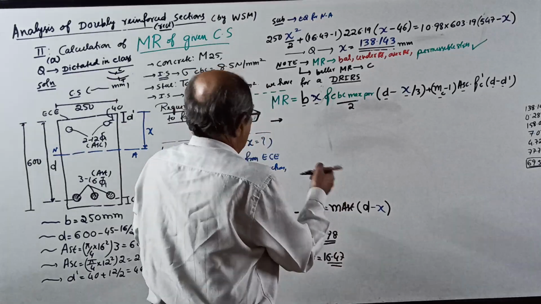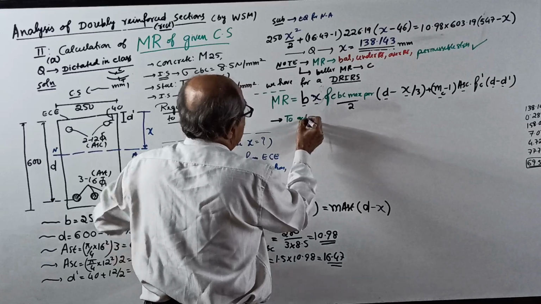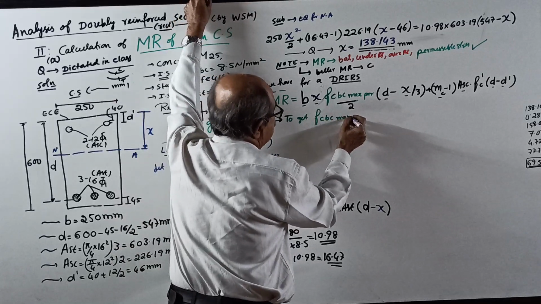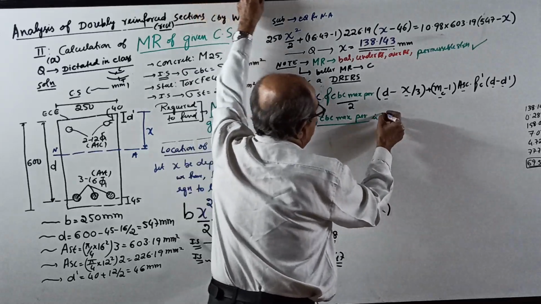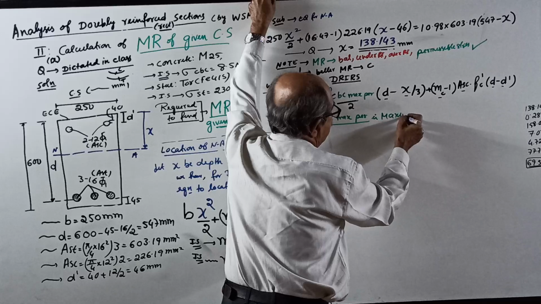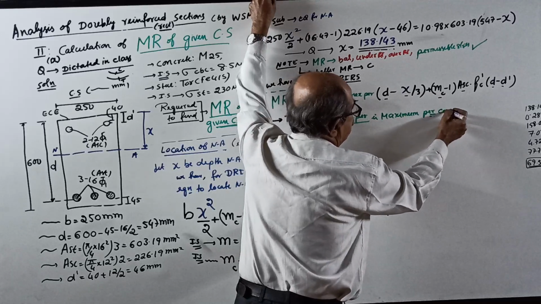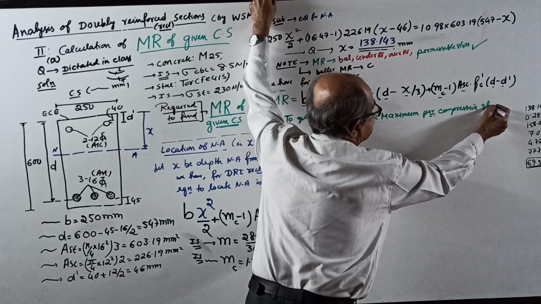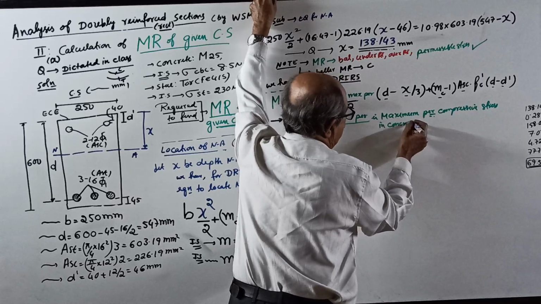First, to get FCBC max permissible. That is what? Maximum permissible compressive stress in concrete, in bending compression.